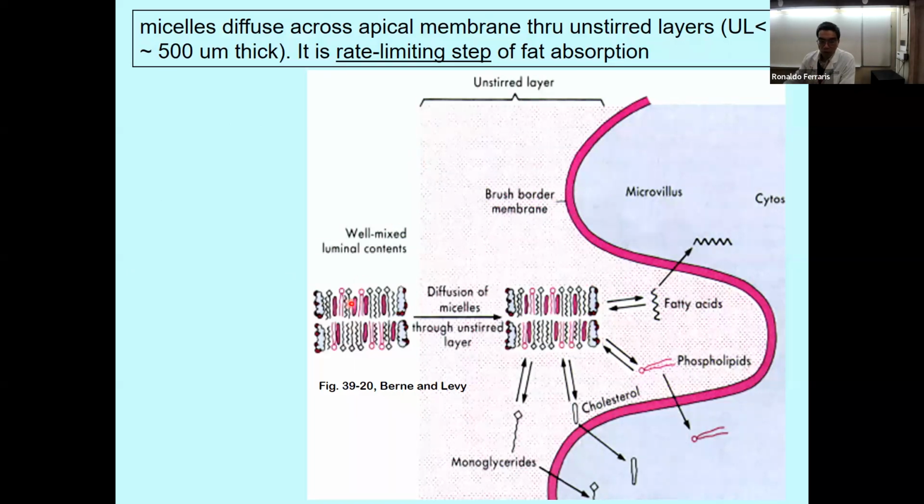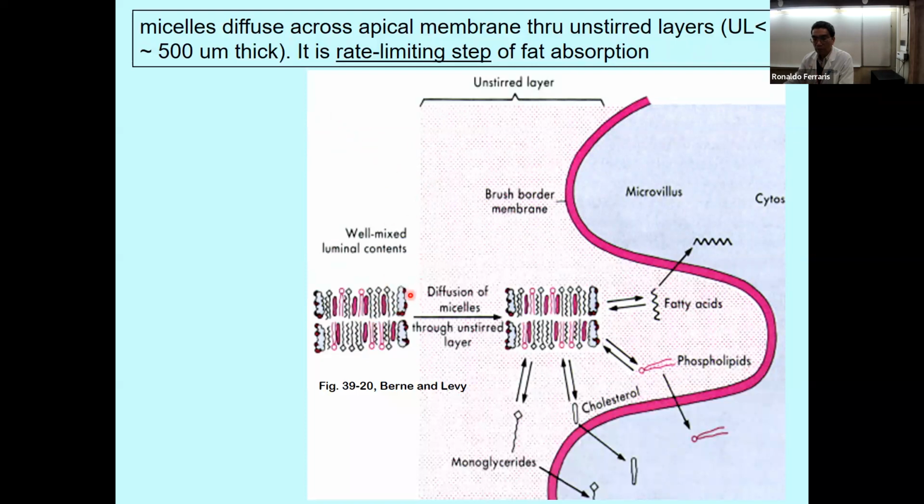So if your fat digestion products were not incorporated in micelles, they cannot cross this. For lipid absorption, this is really the rate limiting step.